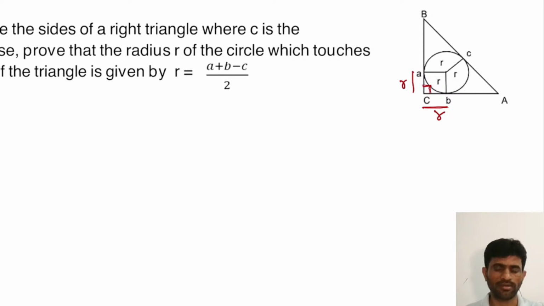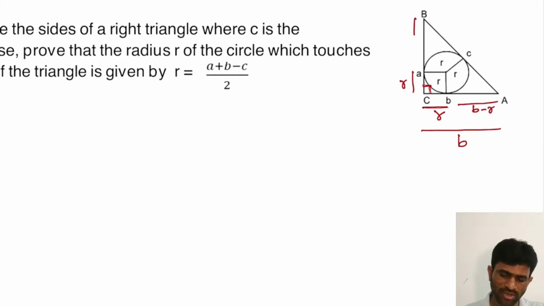These two are R, R. Now this total value is B, then this is going to be B minus R. It is given this total value is B, then this will be B minus R. And this is R, so this is going to be A minus R.